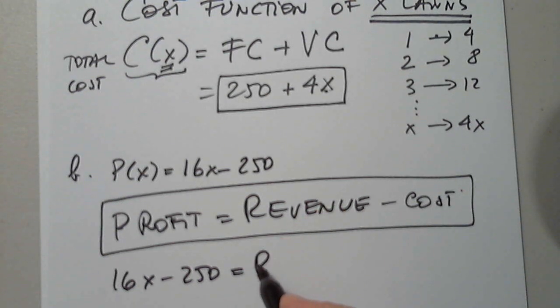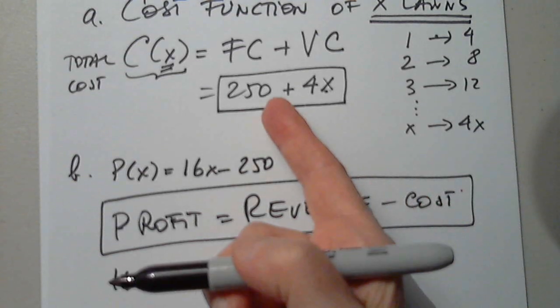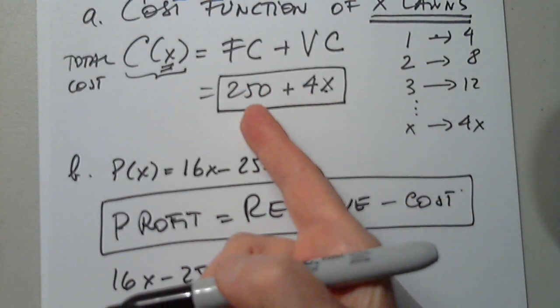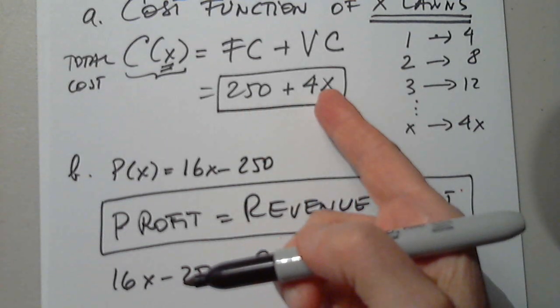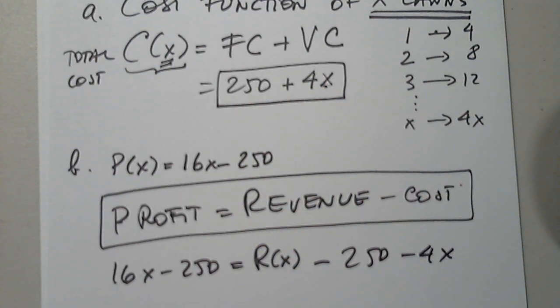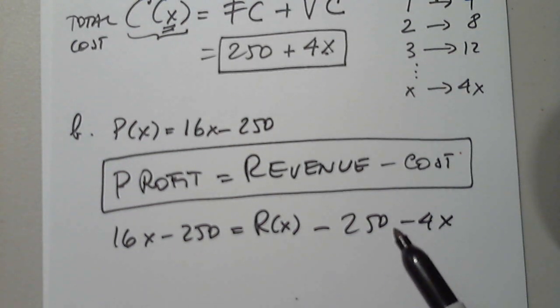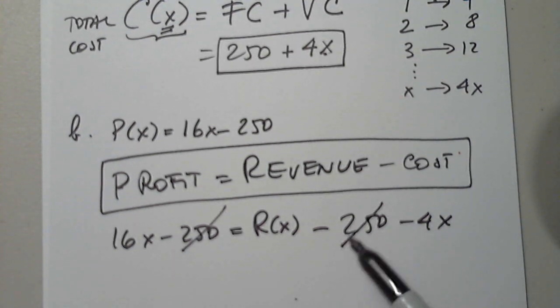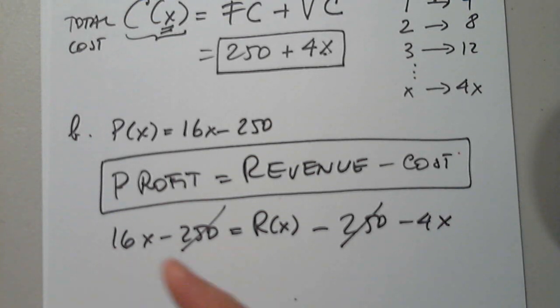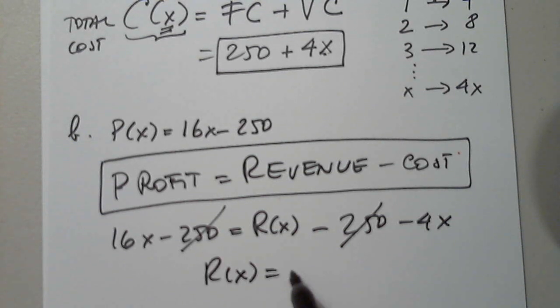We do not have the revenue function of x, but we do have the cost right here. When I subtract the cost, I have to subtract by distributing the negative sign to both: negative 250 and minus 4x. I'm adding 250 to both sides, and I'm moving 4x to the other side. It's negative, it becomes positive. So then R of x equals 20x.